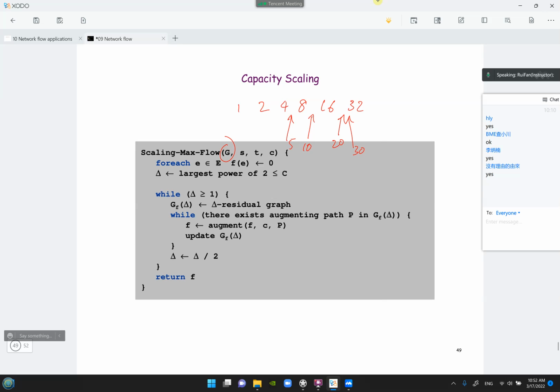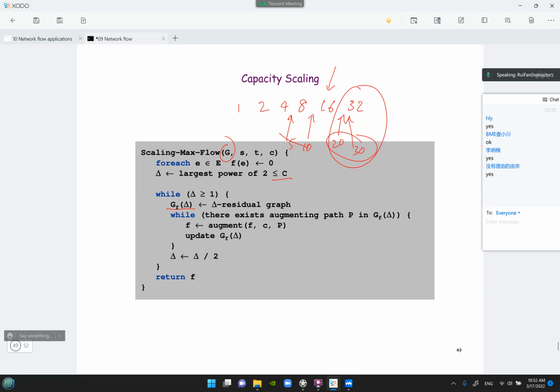You're only going to keep the final bucket, so you're only going to keep these 2 edges with big capacities, and you're going to remove all of the other edges. We're going to call that the G_F^delta graph, where delta is equal to the largest power of 2 which is less than your maximum capacity.